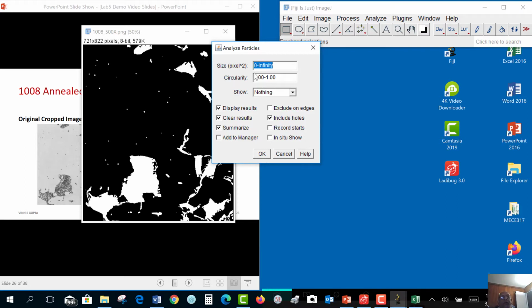So what we are going to do is we are going to search from size, say about 10 pixels square. We are not going to worry about the shape of the particle. We want to display the results. We want to clear any results that were there. We want to get a summary. And we want to include if there were any holes.